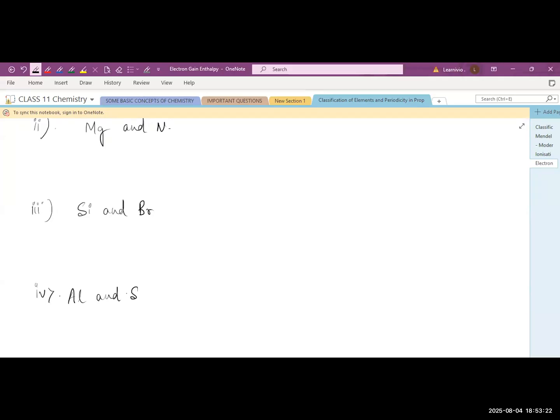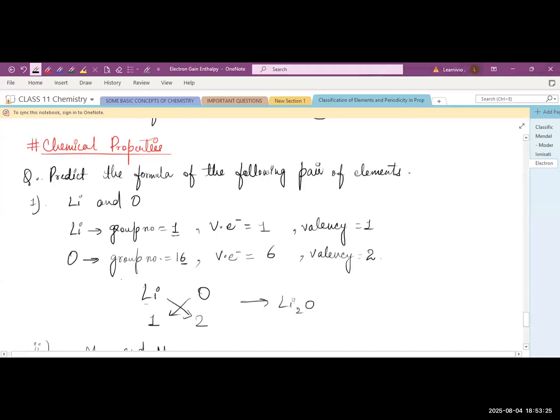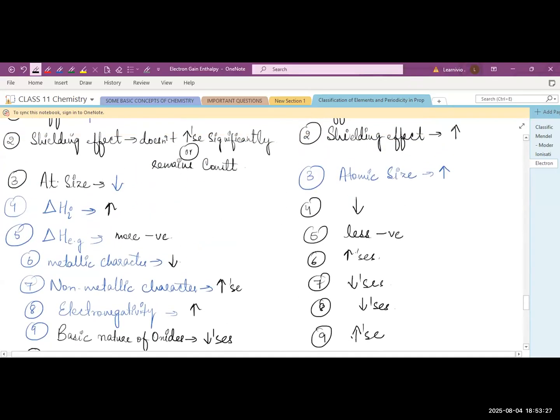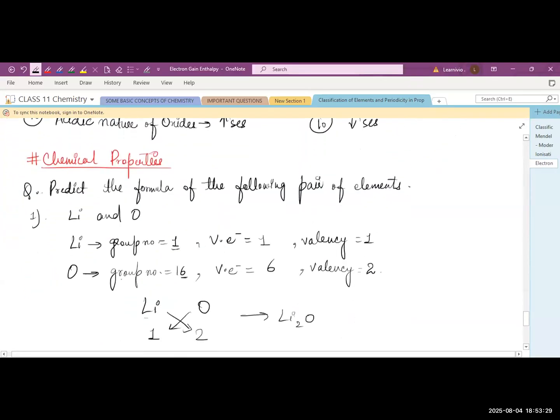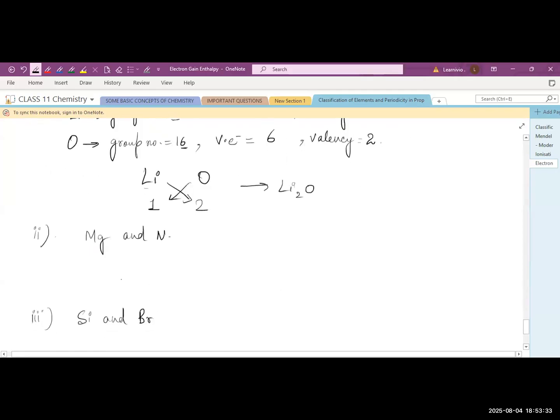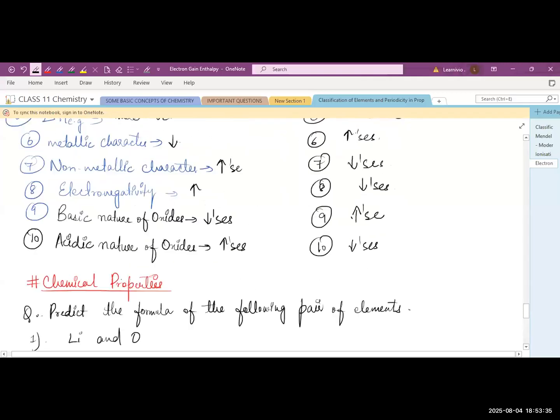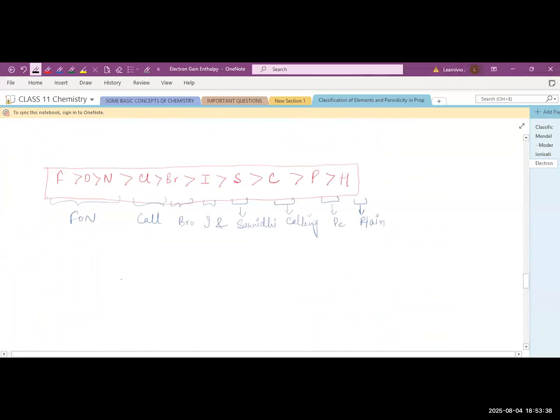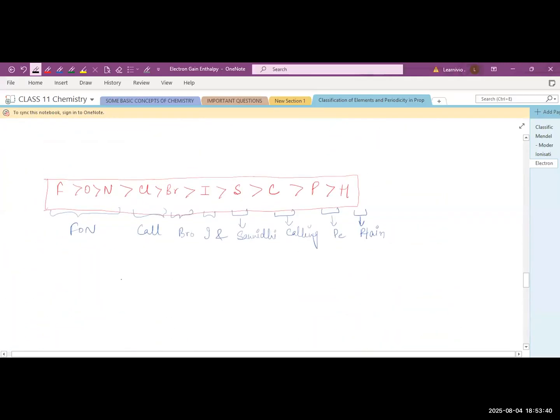Ma'am, can you scroll up to the notes? I'll take a screenshot. No, after the table. Thank you, ma'am. And also, can you show the order of the electronegativity? Done, ma'am. Thank you.